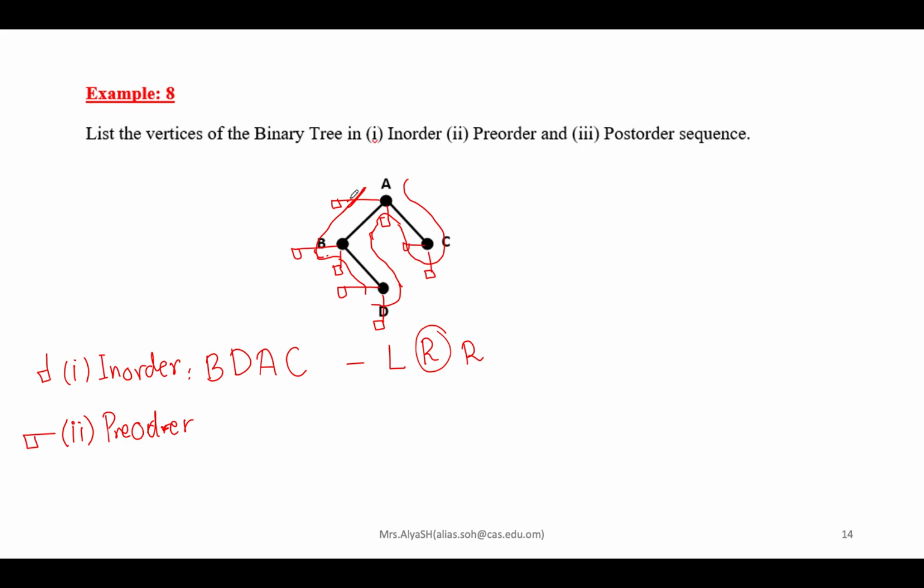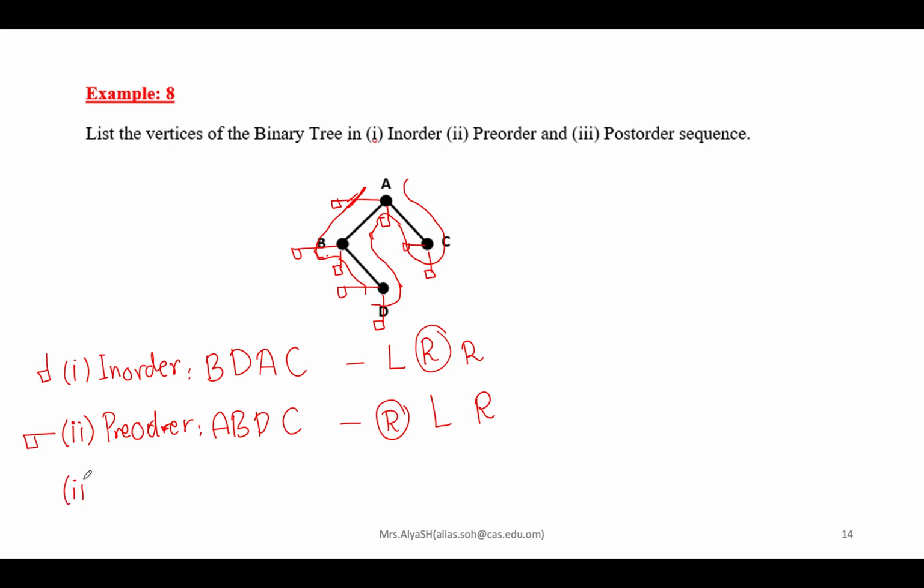Whenever we hit the flag, we write the node. So here our first hit is A, then B, and then we go to D, then C. So for pre-order, we first visit the root, then left, and then right. Okay?